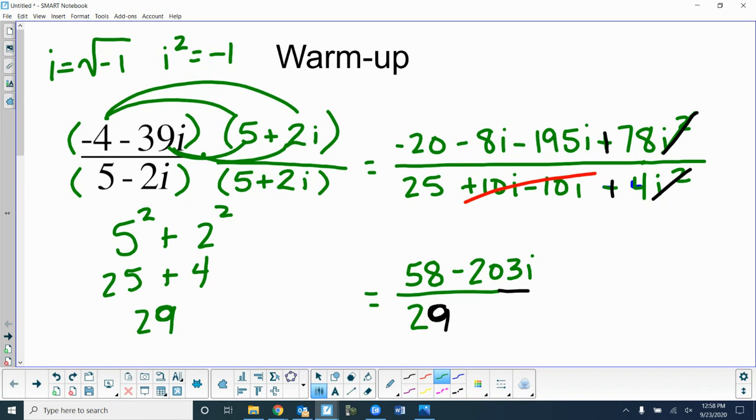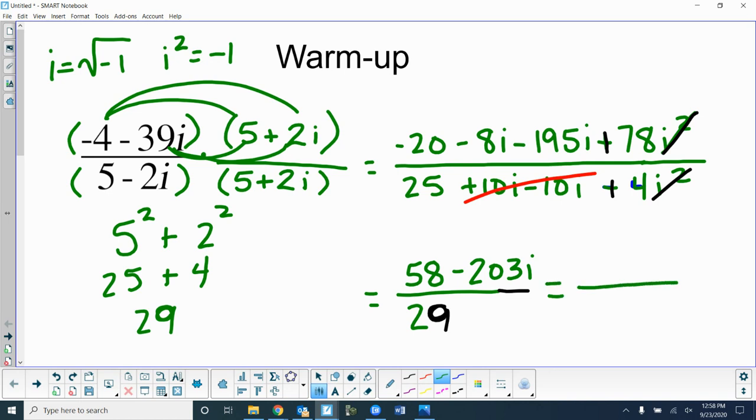Now, at this point, we're supposed to make sure we can't simplify. Can we simplify? Is there a common factor with 29, 58, and 203? Carter, 29, right? Yeah, 29 goes into all three.